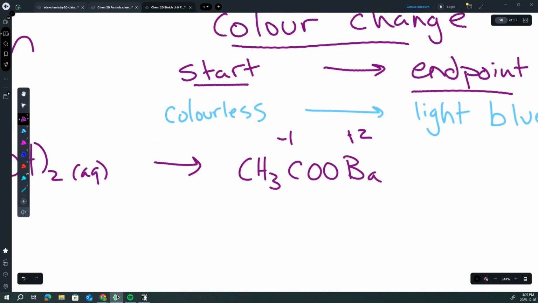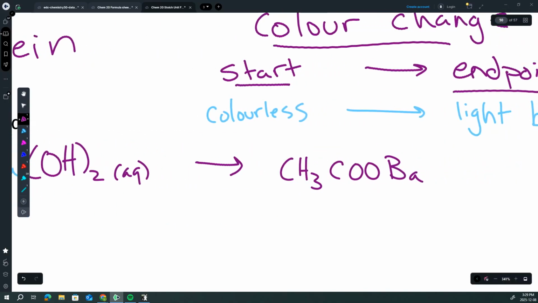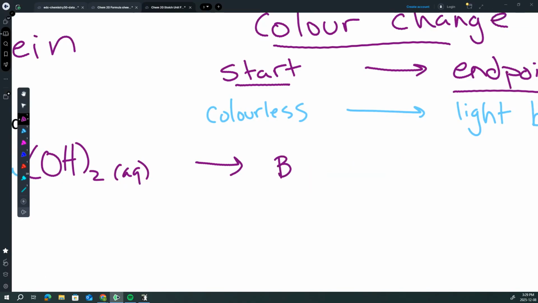Another way that I've been saying this is we know that -1 plus 2 does not equal 0, so we've got to do crisscross applesauce. Now, if you're wondering why I'm writing the cation afterwards, it's just to keep up with this notation where the acetate ion comes first. However, you could write it first if you want to keep up with cation comes first, anion comes after. Both mean the same thing.